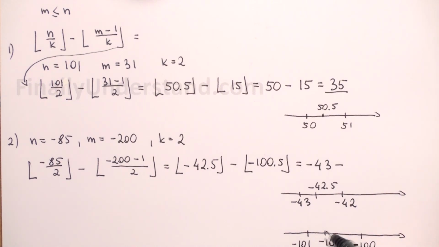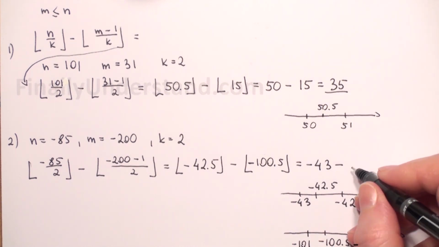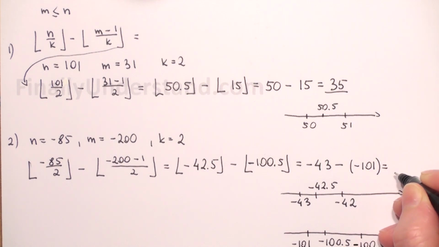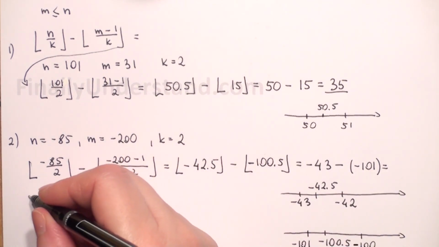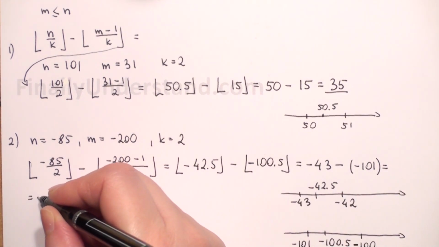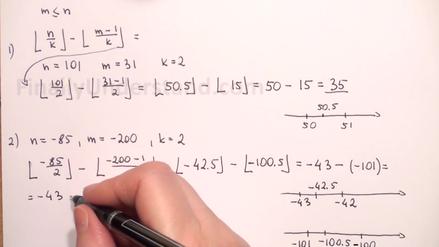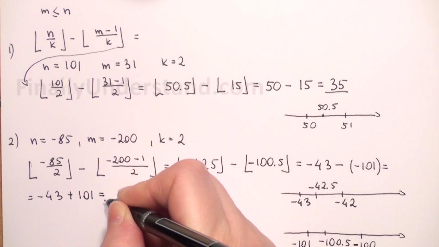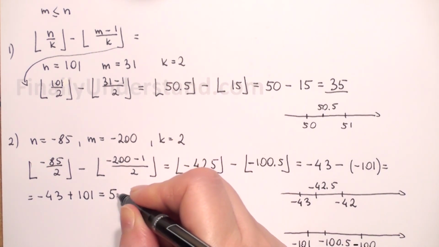So we see that the largest integer that is less than this number is negative 101. So this is equal to negative 43. Negative and negative give me positive, so it will be 101. So this is equal to 58.